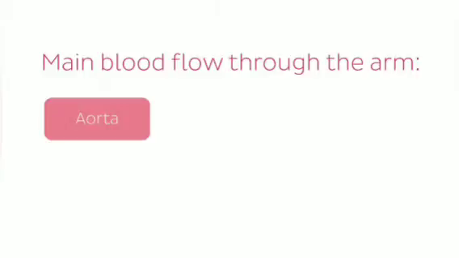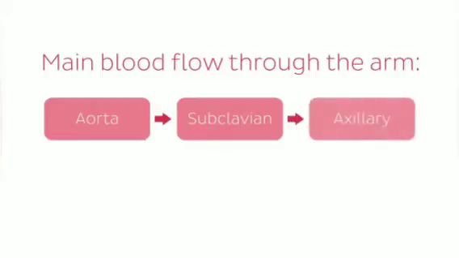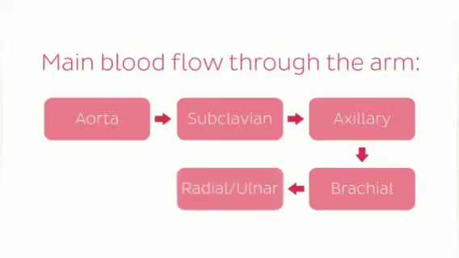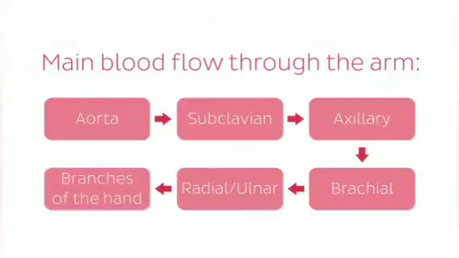As we've seen on one of the first slides, from the aorta, it's going to go into the subclavian artery, then into the arm through the axillary, followed by the brachial artery, which will then split into the branches known as the radial and ulnar arteries. And then finally, it will go all the way to the different branches of the hand.